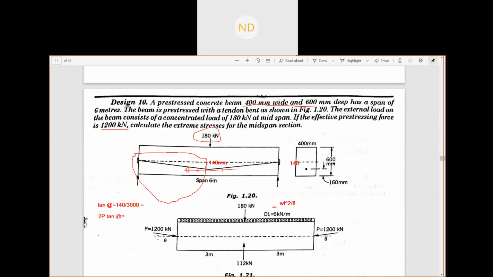So now find out what your 2p tan theta is from here. Calculate. 112 kilonewton.